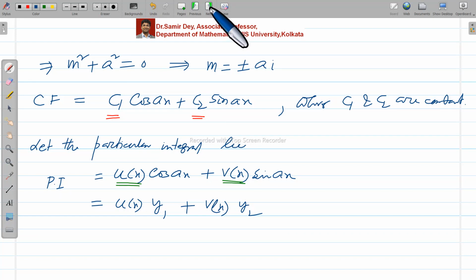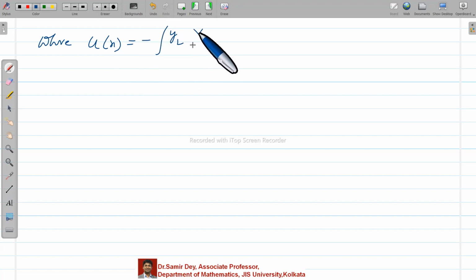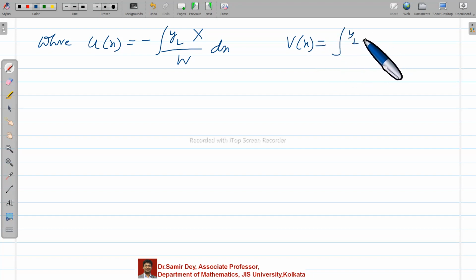So please write down where u(x) is equal to minus the integral of y2 times X by W dx, and v(x) is equal to the integral of y1 times X by W dx.